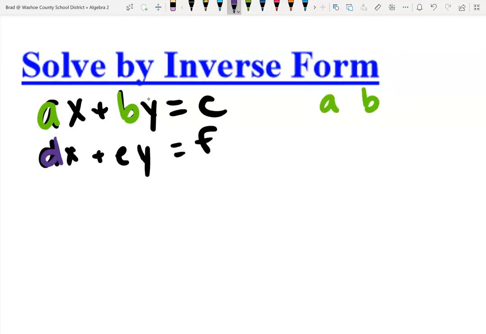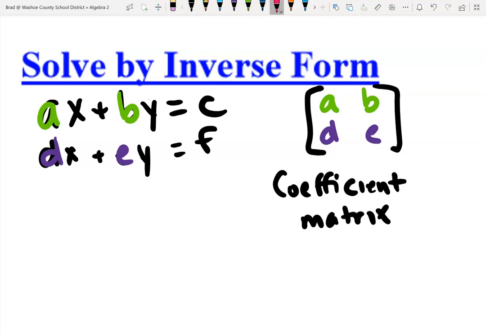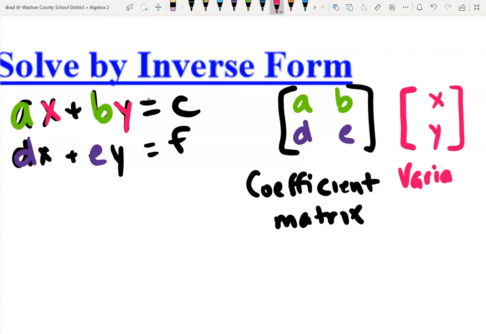And then I'm going to take the d and the e, and that's going to become the bottom row of that matrix. So this right here is going to be your coefficient matrix. And then you have your letters, which are x and y. So that's going to be what's known as our variable matrix, because those are the variables we're using.